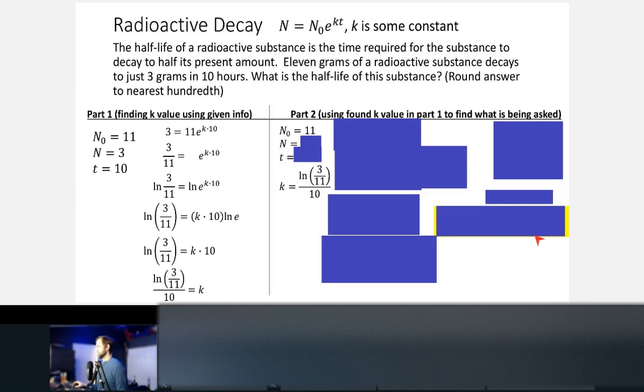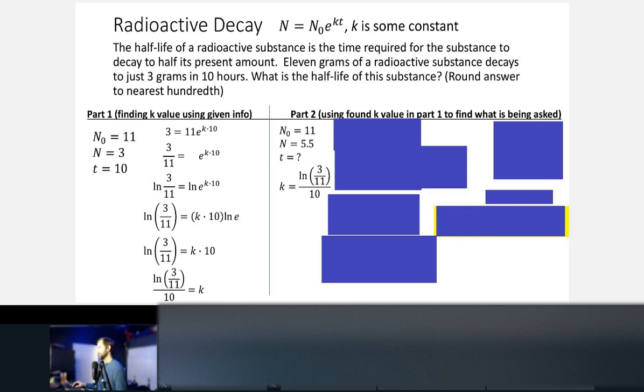Rachel says it's 5.5 or 11 over 2. Why is it 5.5? Yeah, because it's half the amount. Half-life is the time it takes to get to half the amount. So our goal is to calculate time, to figure out how long it takes to get to half the amount. That's half-life. And then we are solving for time. We don't know what that is yet.